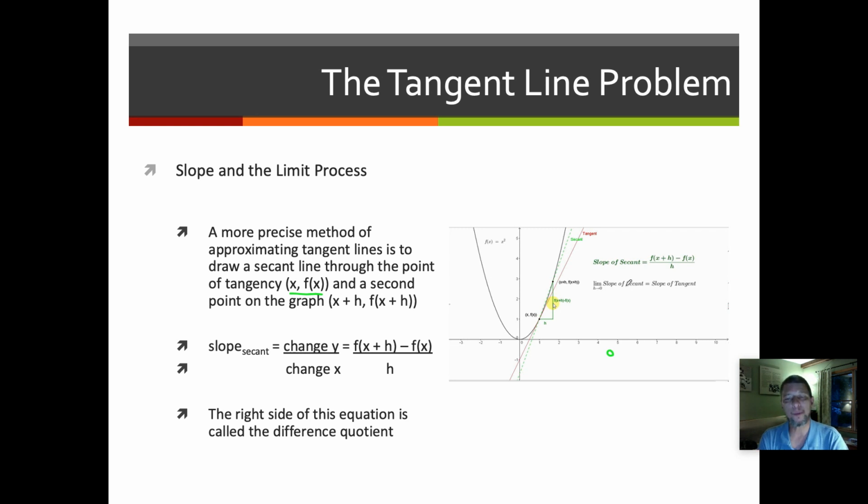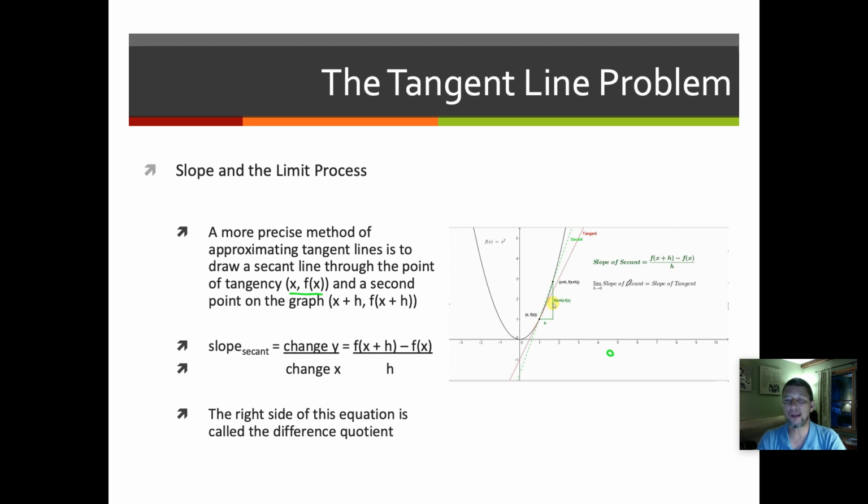What that's going to do is form a secant that passes through the curve twice, not once like the tangent, but twice. If you look carefully at the diagram, the red line there is tangent to the curve, and it passes through the point x, f of x.